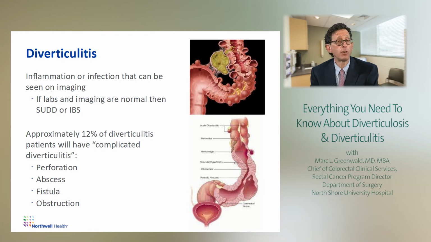And if you get recurrent or ongoing inflammation, those tissues can get thicker and thicker and thicker. And that's really the wall of the colon. It can just keep getting thicker until it narrows the inside so that the stool can't pass through. And that can cause obstruction. And that is one of the listed things that you can see with complicated diverticulitis.